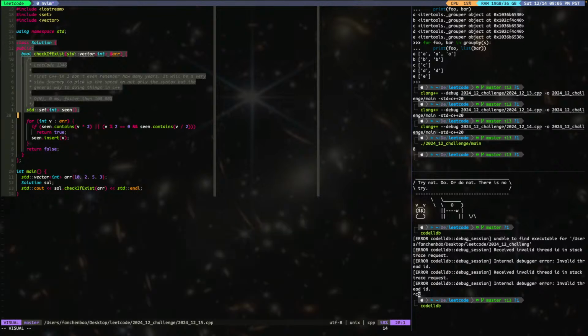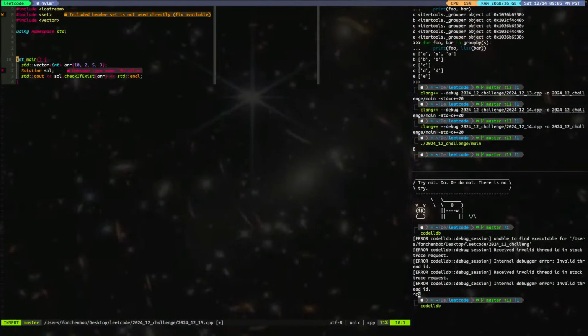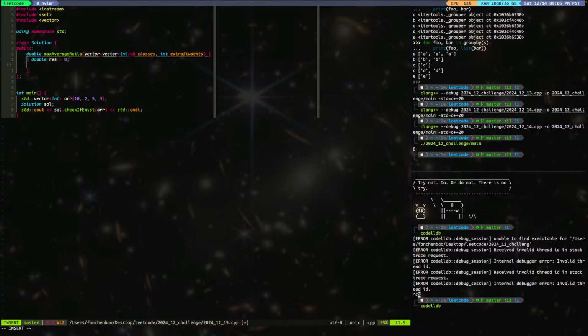And we can write something about it. Okay. Double res, and double delta equals 0.